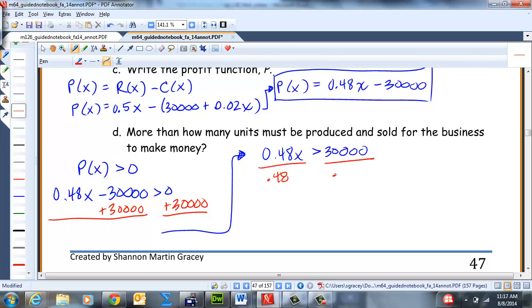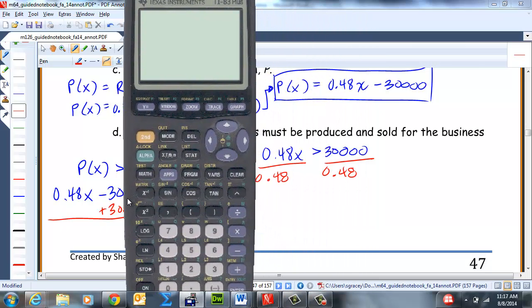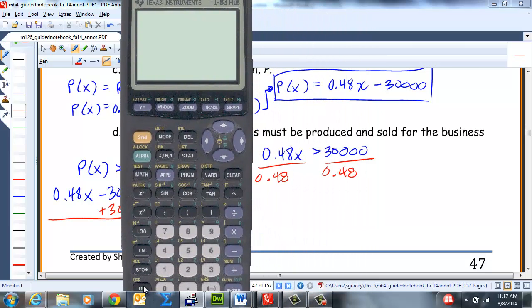might want to use a calculator for that one. I've got this one handy, so I'll go ahead and use this one. So 30,000 divided by 0.48, 62,500.